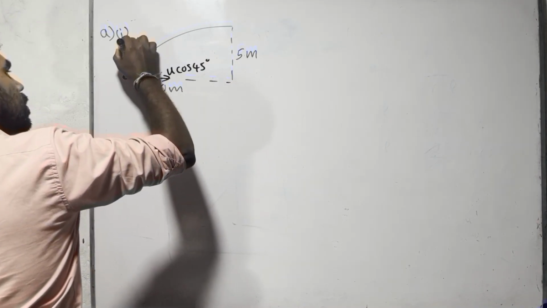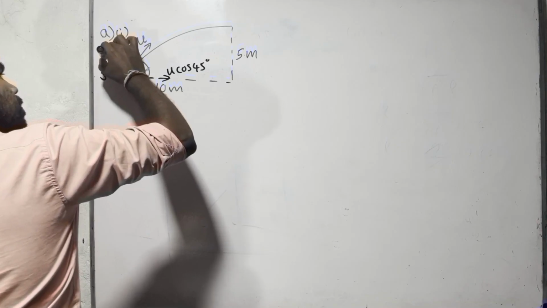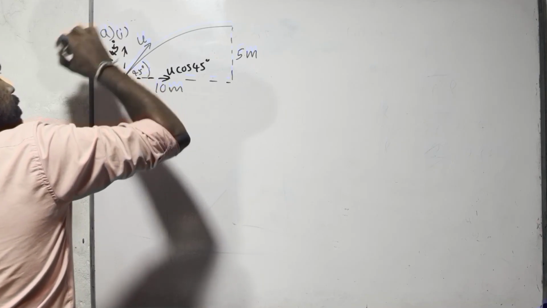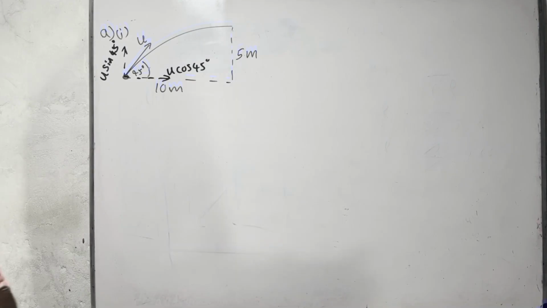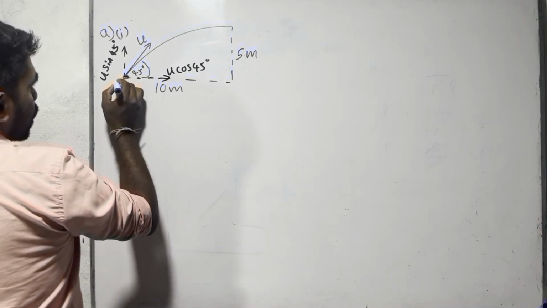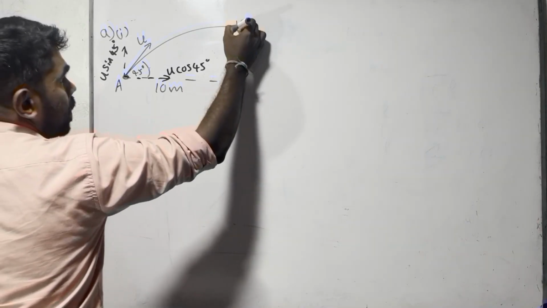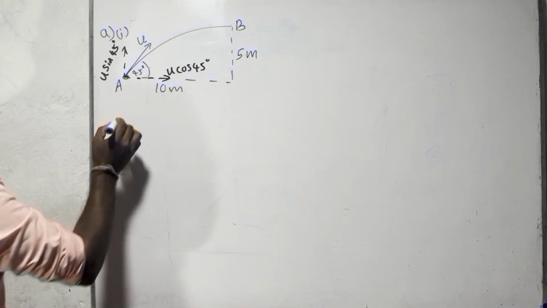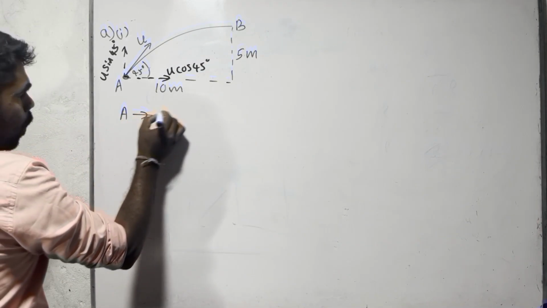Vertical component u sin 45. Then we can use equations for the motion from A to B. I will use A to B horizontally.